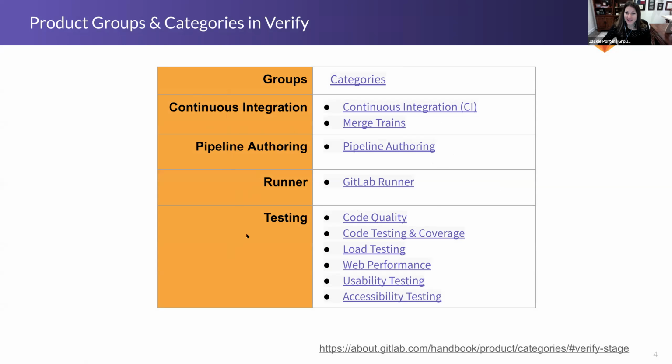And we also have the testing group, which is composed of the quality, code testing coverage, load testing, web performance, usability testing, and accessibility testing categories. If you have any questions about what each of these different categories are, this deck will be shared out, and you can definitely follow along on these different direction pages and handbook pages to dive into these issues or documentation pages.